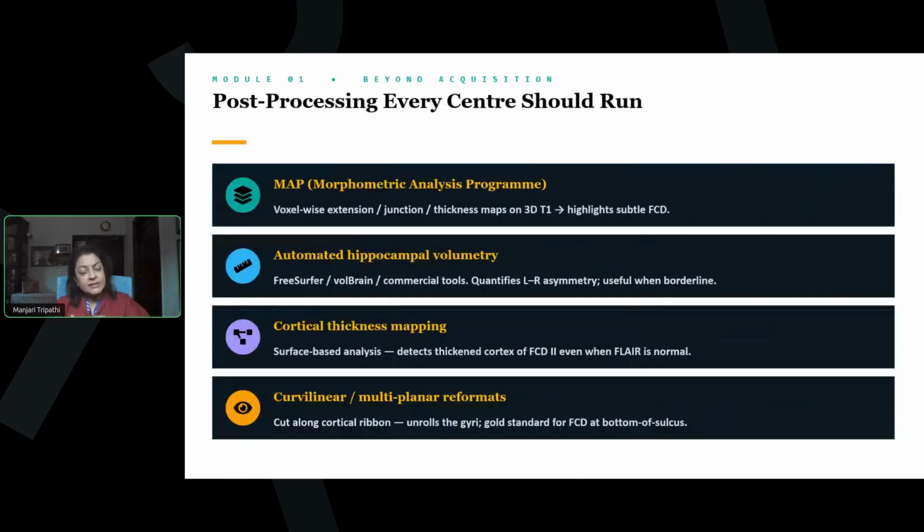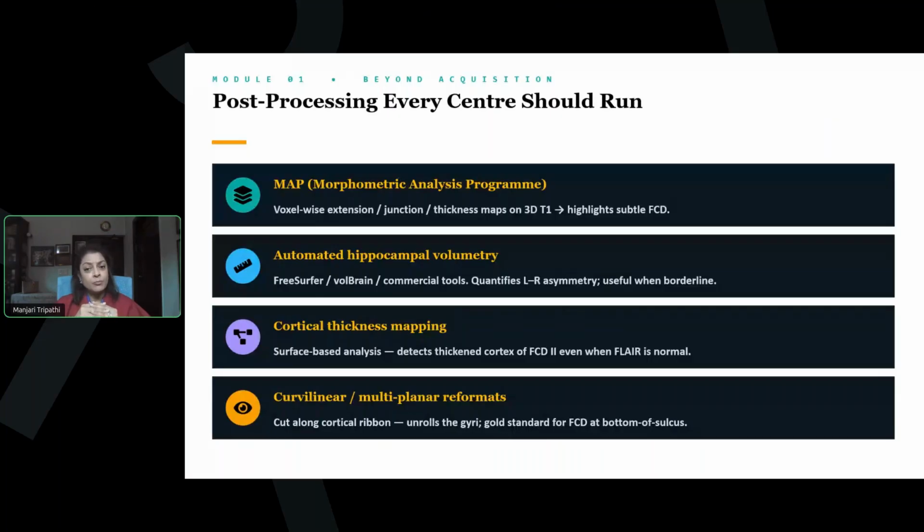But post-processing of the MRI by morphometric analysis programs, by automated hippocampal volumetry, by cortical thickness mapping, and curvilinear reconstructions or reformats are advanced techniques which can be done, and they can be done after acquisition of your 1 millimeter section MRI.